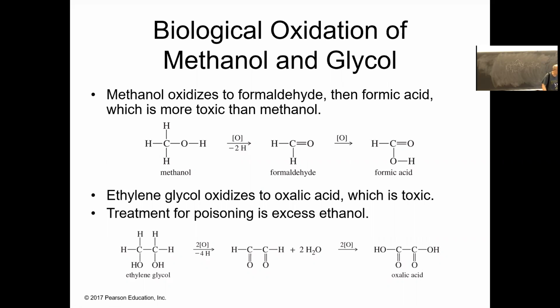Okay, so why do we mention ethylene glycol? This is a major ingredient in the antifreeze with the green dye. When it leaks out of car radiators onto the pavement, dogs can drink from the puddles of water and get ethylene glycol poisoning, antifreeze poisoning.